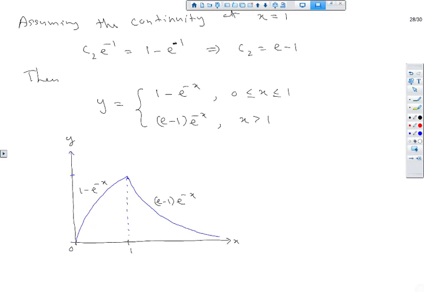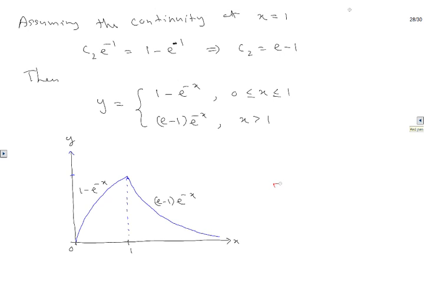This is a nice example, as I told you: if you have a capacitor and you're going to charge it, how will the electric charge change? You're going to put some power source here, and let's say y is the electric charge.